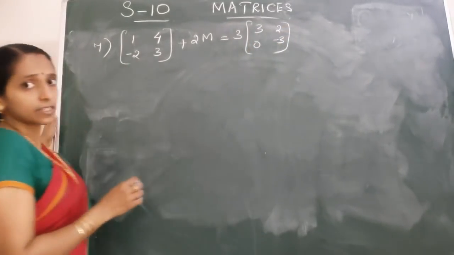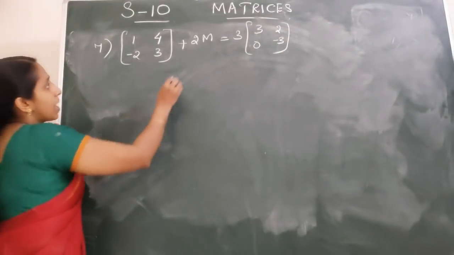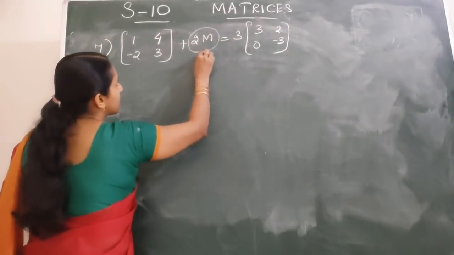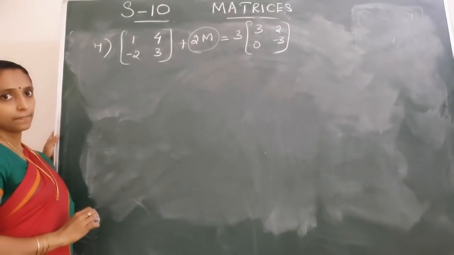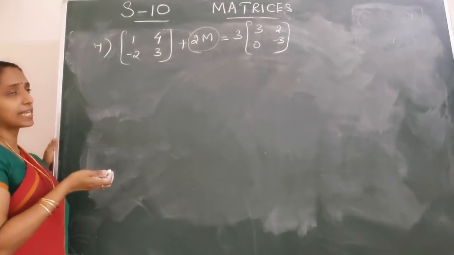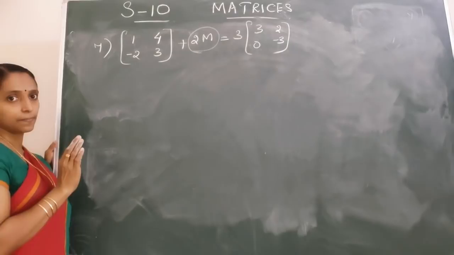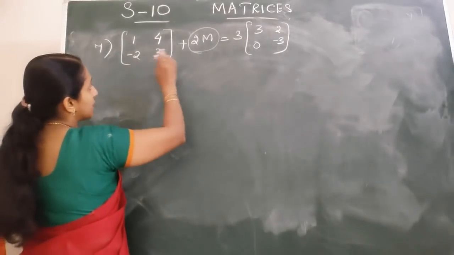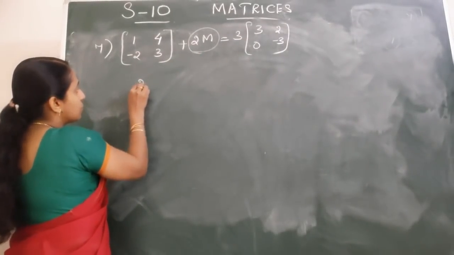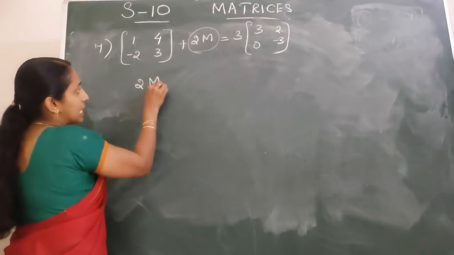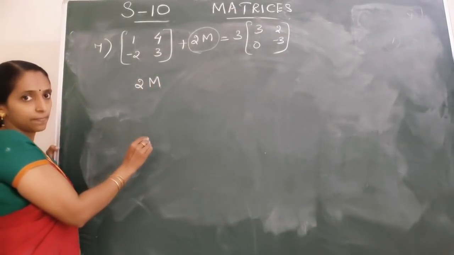Okay, this is given. So you have to find the value, find a matrix M. First of all, you will calculate 2M. Okay, so if you are taking out 2M, you will leave 2M in LHS side, 2M.